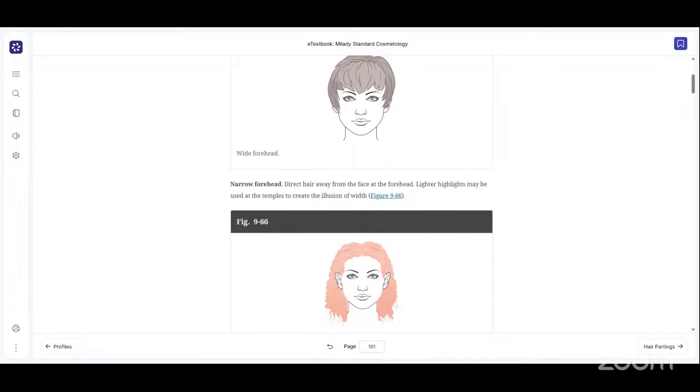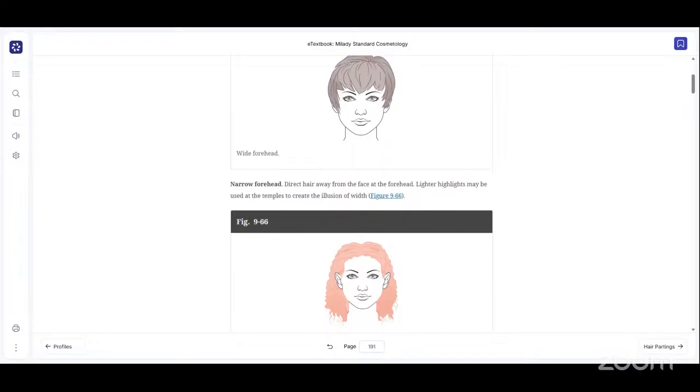Same thing goes for people who are smaller and petite in structure, but have a lot of density, let's say for instance curly textured hair. If the curl was loosened and also projected away from the face instead of just hanging in the face, the face itself will look a little larger.